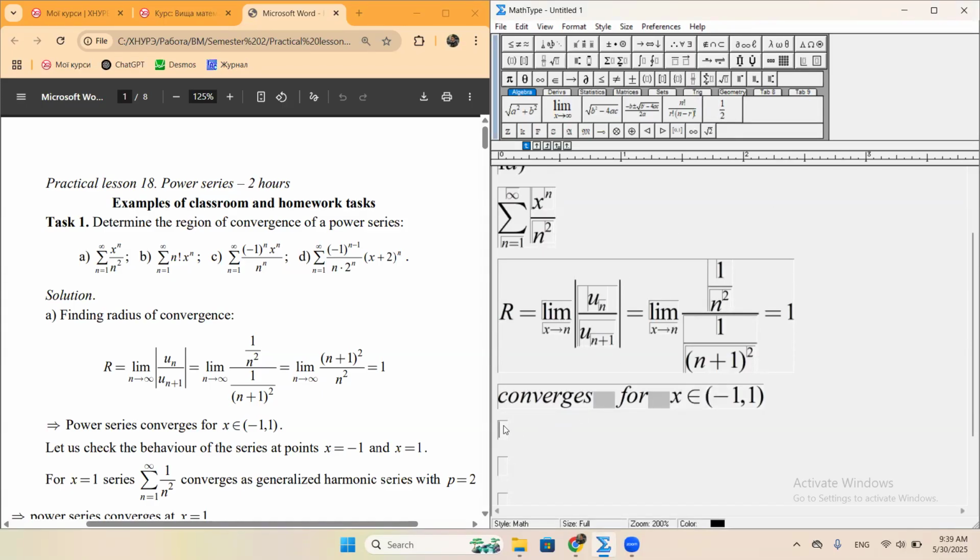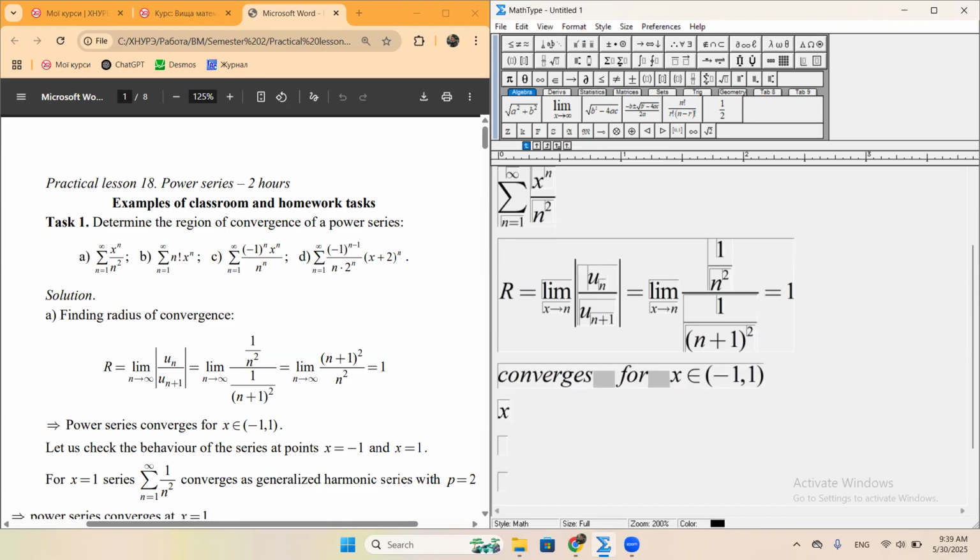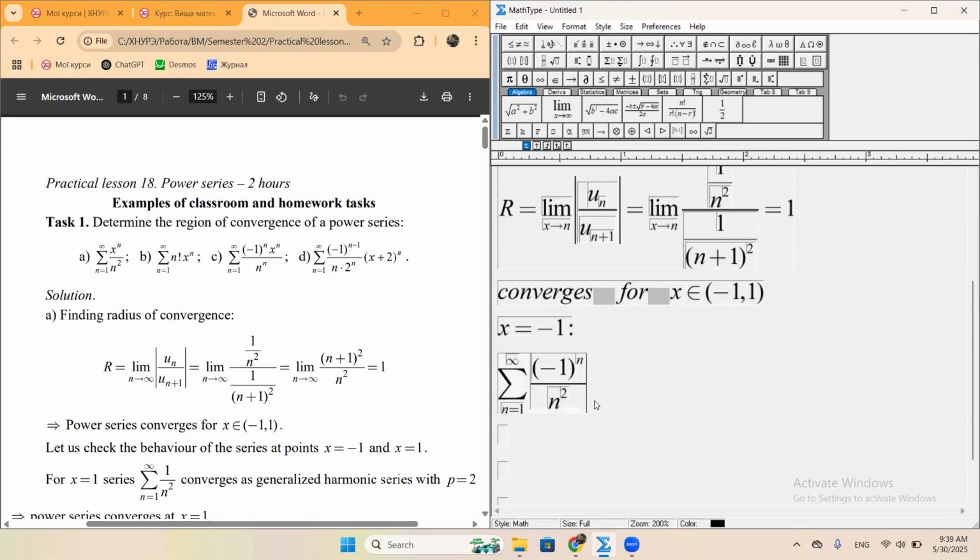Now we have to investigate the behavior of the power series on the edges of this interval. So what about x equal -1? We substitute -1 here, and we receive the numeric series that has alternating signs.